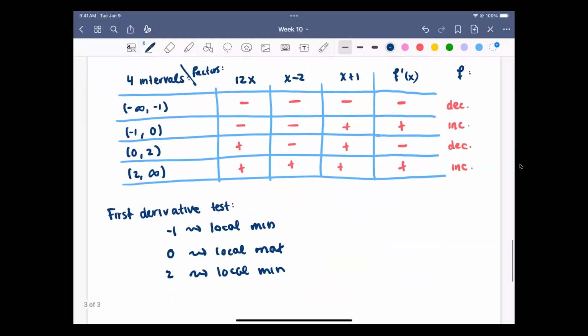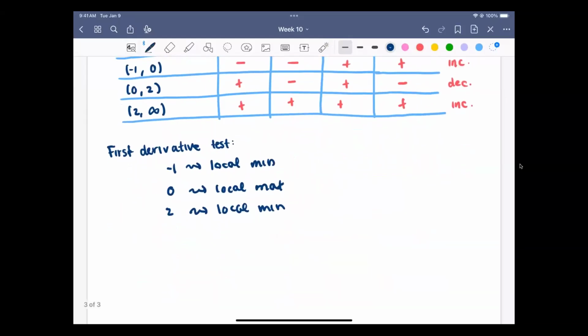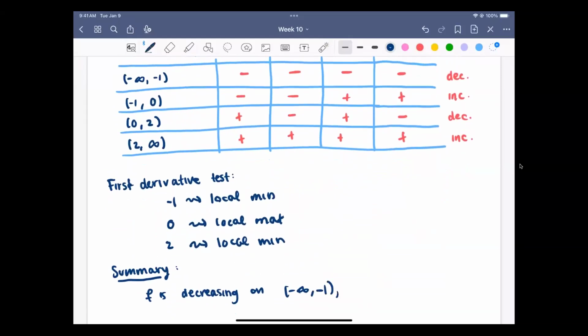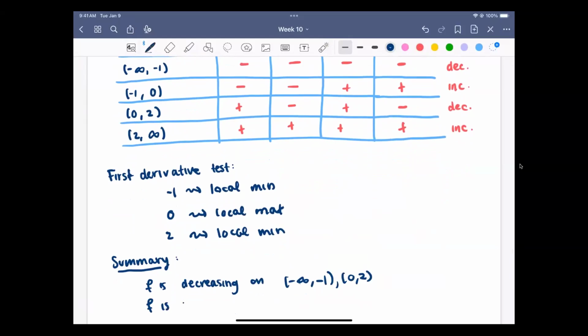Okay, so let me just summarize the information. f is decreasing on the intervals -∞ to -1 and 0 to 2. f is increasing on -1 to 0 and 2 to infinity.